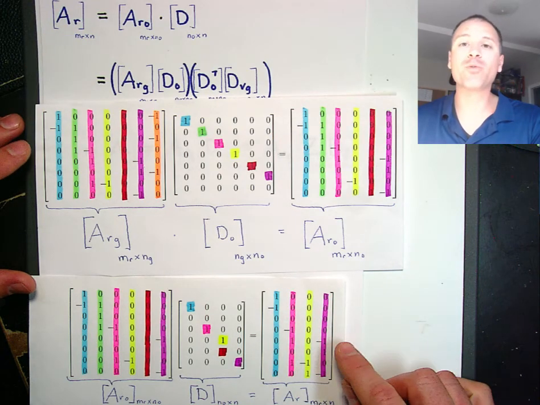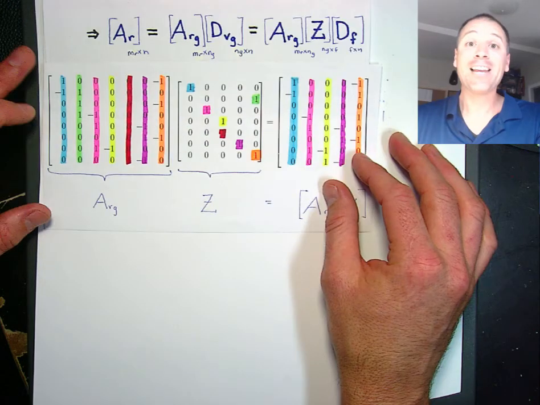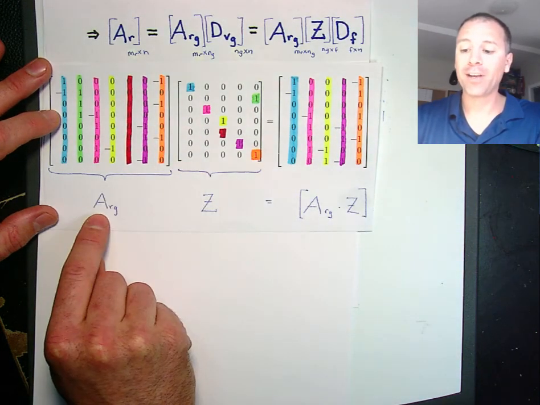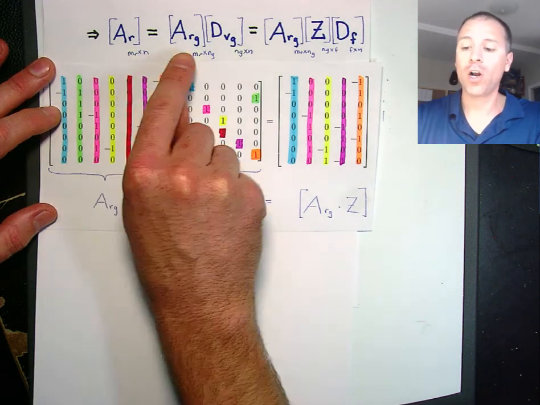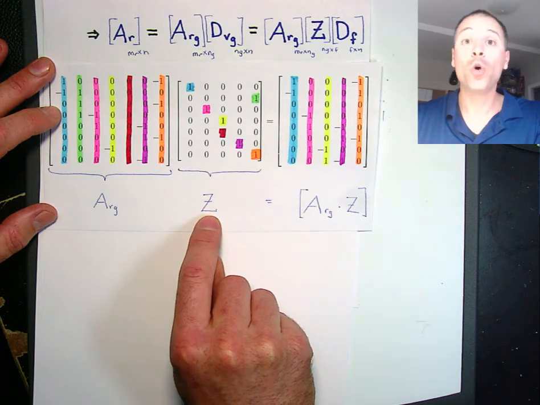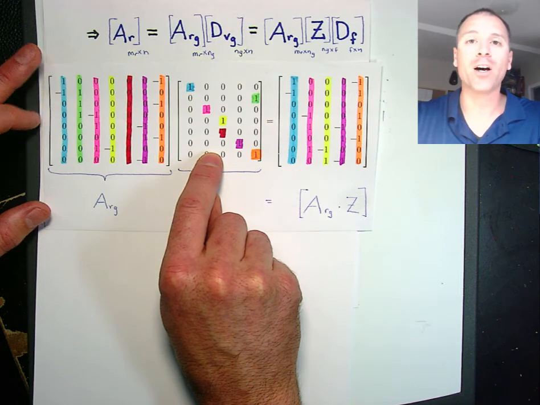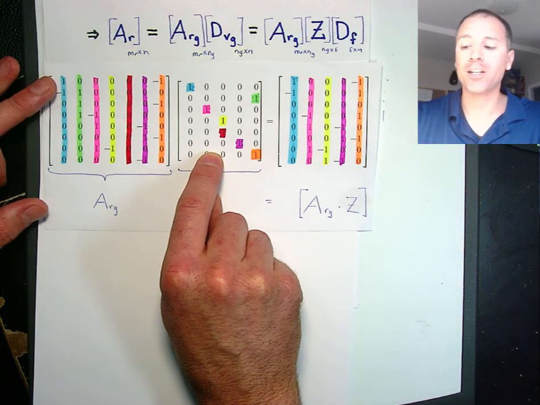But as we claimed, this was not the only way that we could get to that grounded, deactivated matrix A sub r. In fact, we could have first deactivated the circuit, so taken our entire incidence matrix multiplied by the deactivation matrix Z, whose columns formed a basis for the null space of A sub Vg, the voltage source subblock of our incidence matrix.